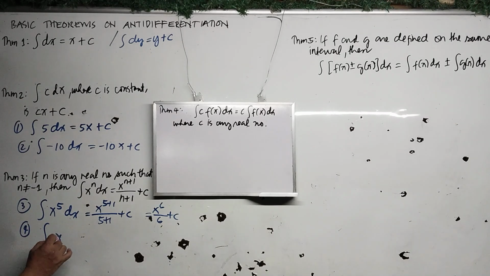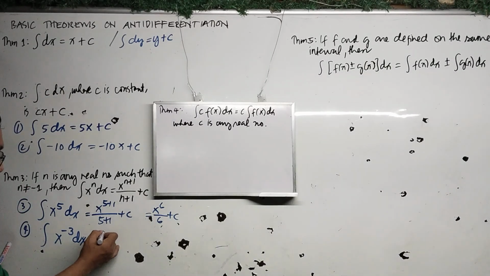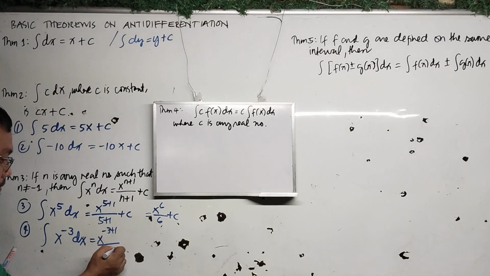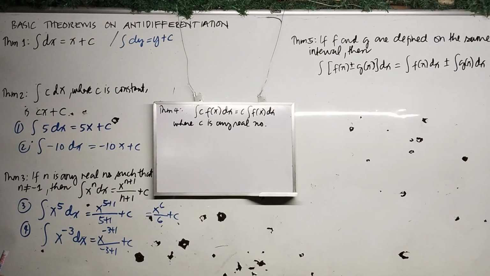Another example. Find the integral of x to the power of negative 3 dx. So now the power is negative 3. The same process: the integral would be x to the power of negative 3 plus 1 over negative 3 plus 1 plus c. Then simplify further.